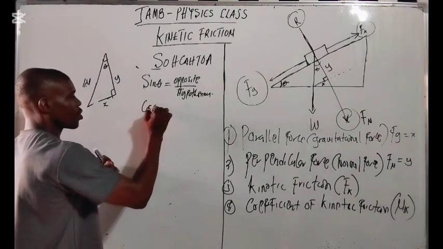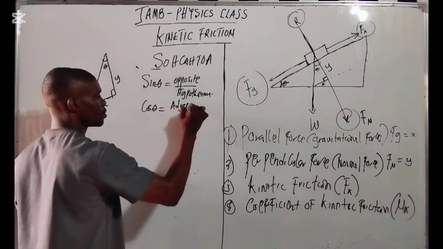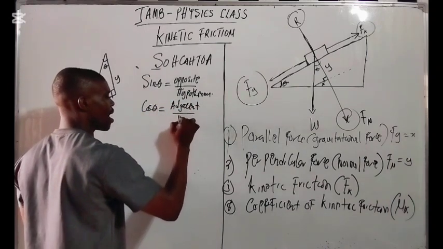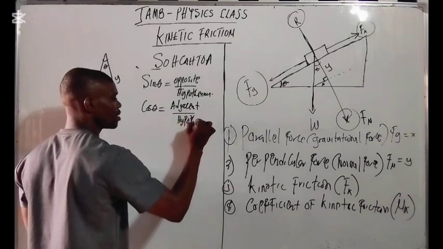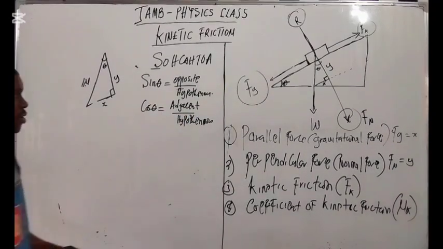Cos theta equals adjacent over hypotenuse.